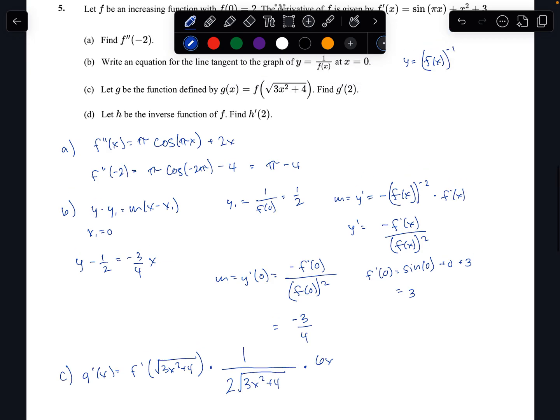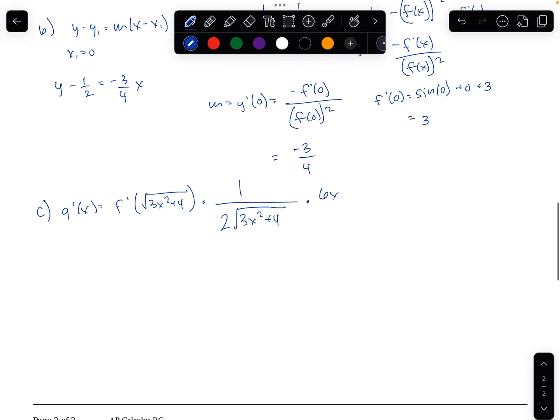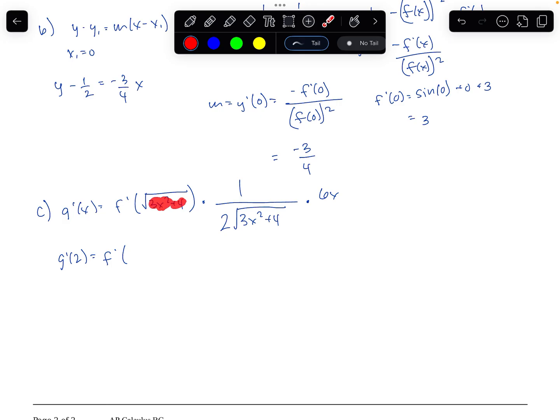So, and now we want to find g prime of 2. G prime of 2 is going to be equal to f prime of, so if I plug in 2 right here, that's going to be 4, it's going to be 12, plus 4, that's going to be 16. The square root of 16 is 4, so f prime of 4 times 1 over 2. And then since this is the same thing, I plug in 2 right here, the whole thing's going to be 16.